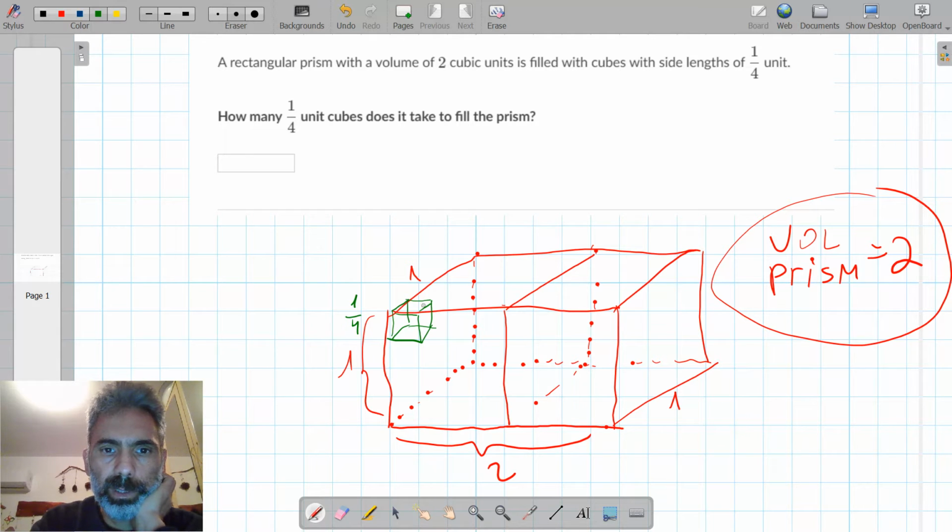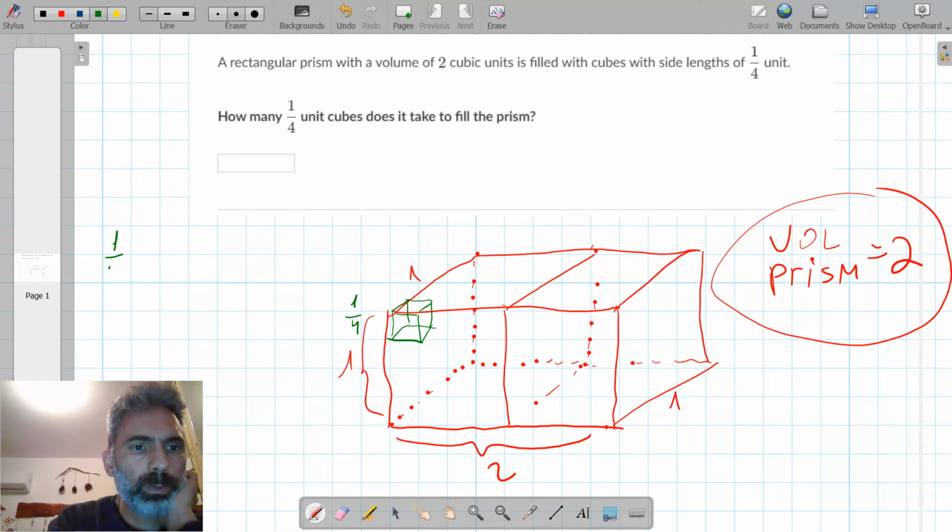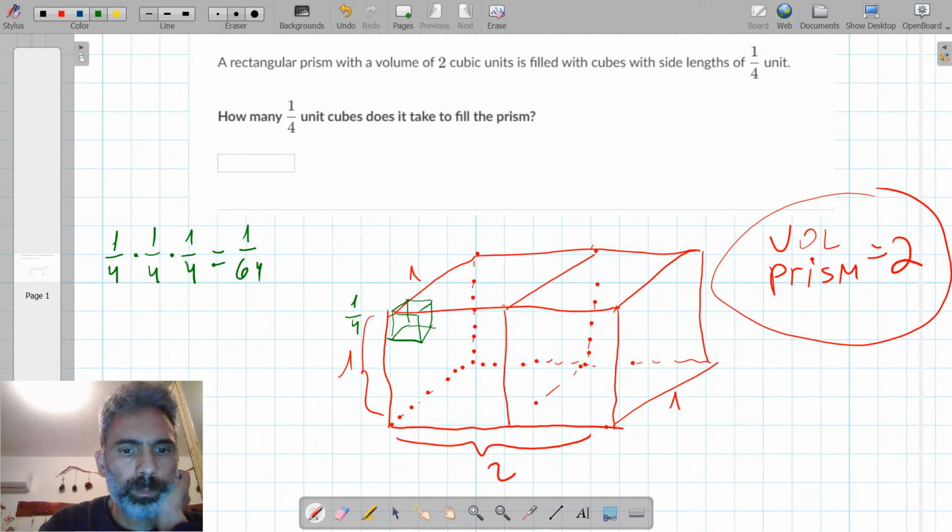So how many of these little green cubes do we need to fill the prism? Okay, so the volume of the little cube is 1/4 times 1/4 times 1/4, which is 1/64.